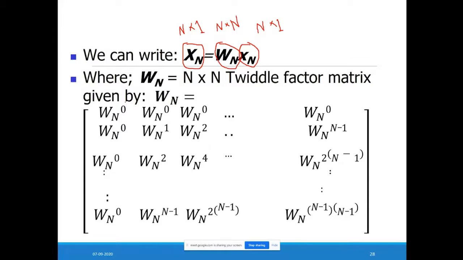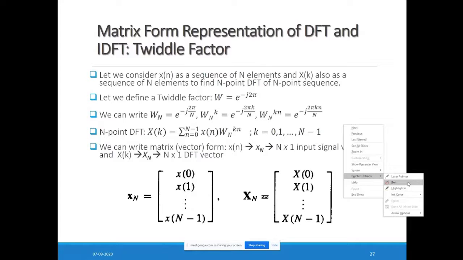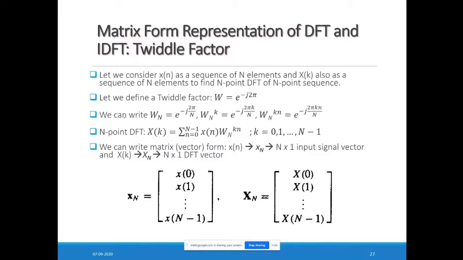Let us discuss why we are writing omega n 0 for this entire row, and what the second row means. Now we come to this equation: X of k is equal to sigma, n equal to 0 to n minus 1, x of n omega suffix n raised to kn.